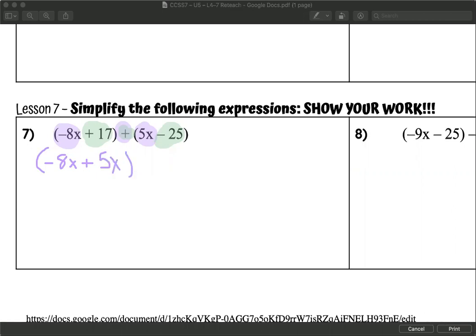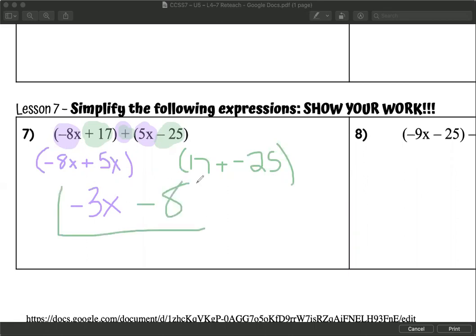And then we are also adding 17 plus our other constant of negative 25. So we're going to simplify. Negative 8x plus positive 5x is negative 3x. And our constants, we have positive 17 and negative 25 makes negative 8.